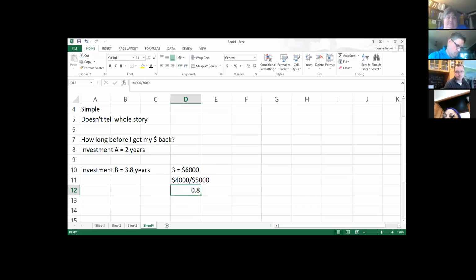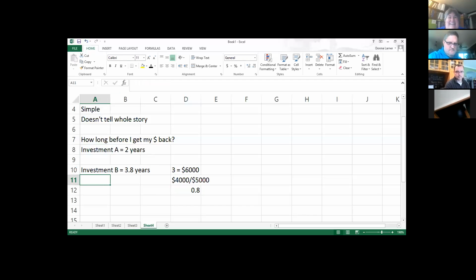Make sense? So you've got a clear-cut winner here. Payback says investment A is the way to go. Now here's the drawback. Investment B is going to give me more money if I just stick it out, and maybe it would continue on beyond these years. It doesn't tell us, so I'm going to assume this is everything, and we're probably trashing it after the end of the 5th year.